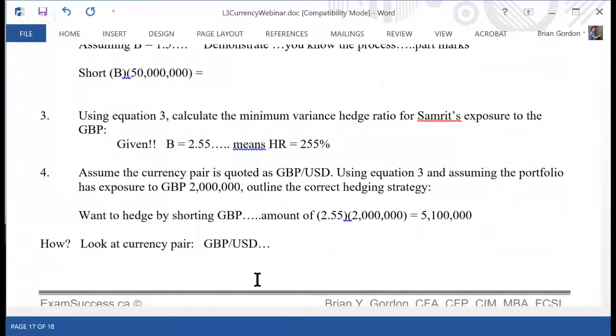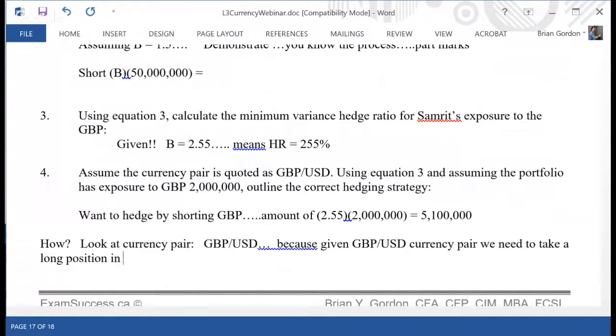So now I've got to write down to tell the grader, because we're given the British pound per US dollar currency pair, we need to take a long position in a forward to hedge.